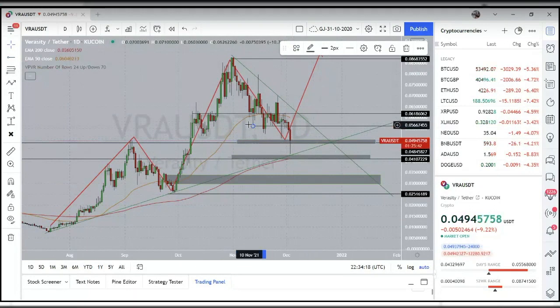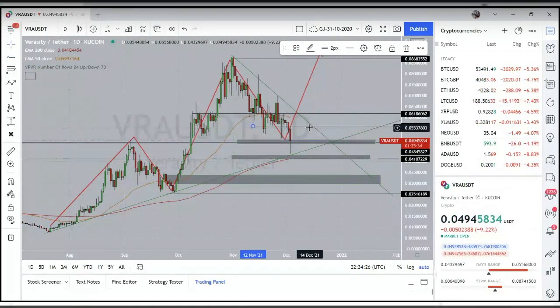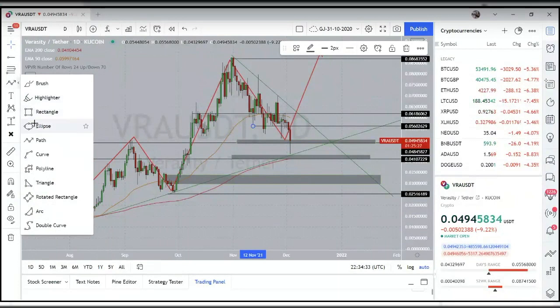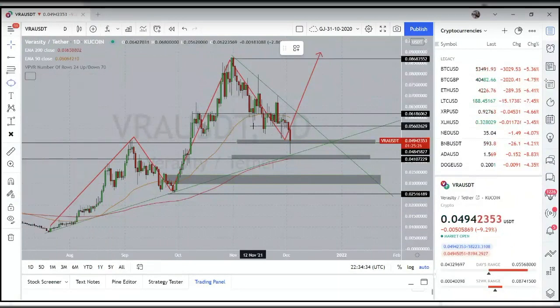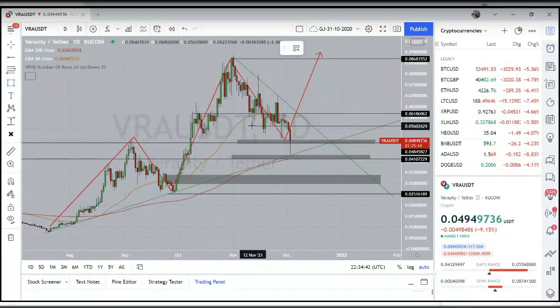If we do reclaim sort of around this area here, what is it, 0.056, maybe 0.055, somewhere around that area. Sort of somewhere around here. Somewhere around here.